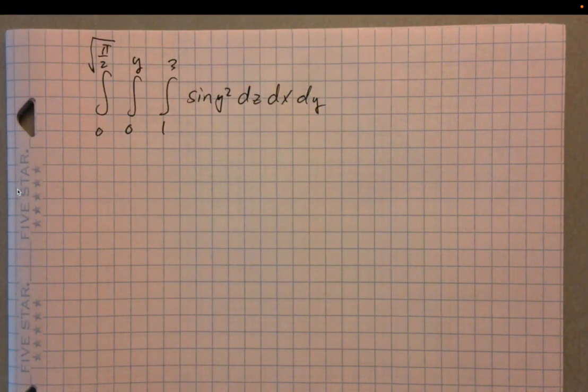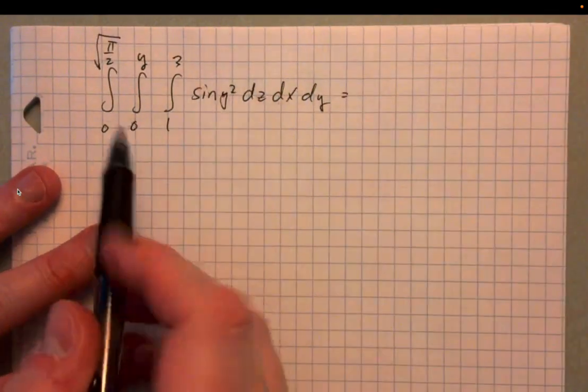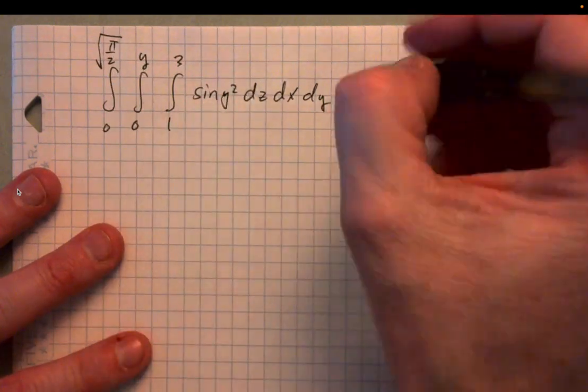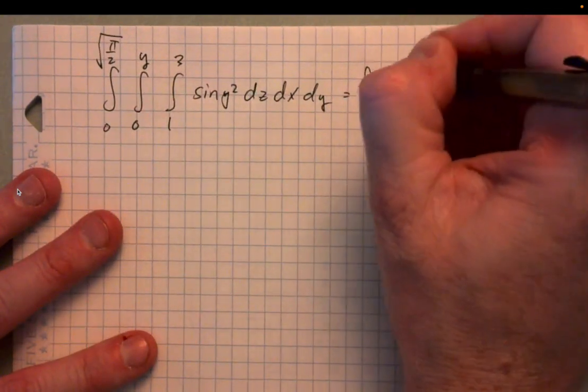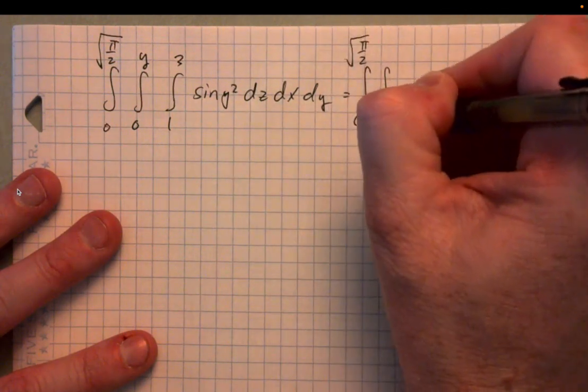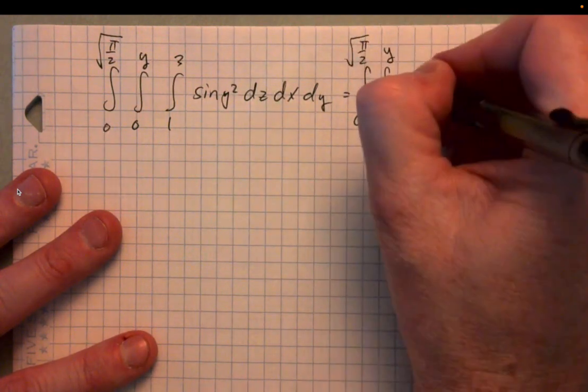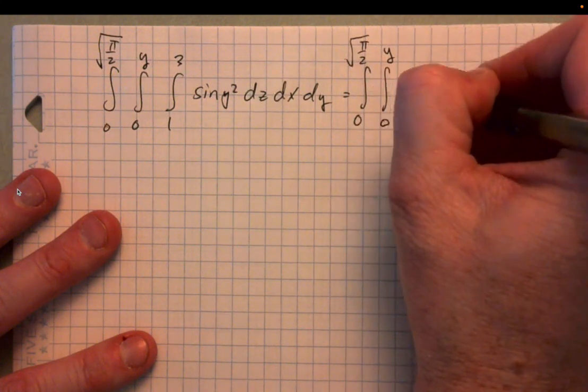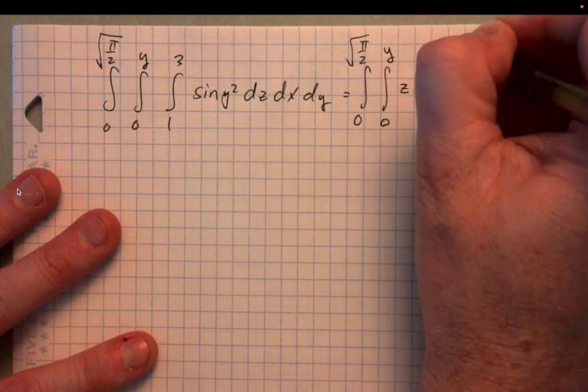Integrating first with respect to z is nice because sine of y squared is just a constant as far as z is concerned. So the first one is straightforward: you get z times the sine of y squared, and we evaluate that from 1 up to 3.